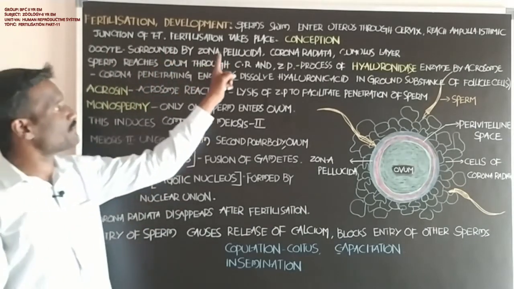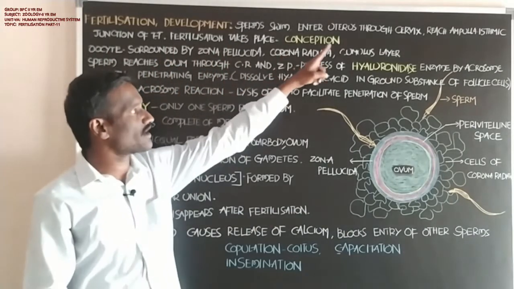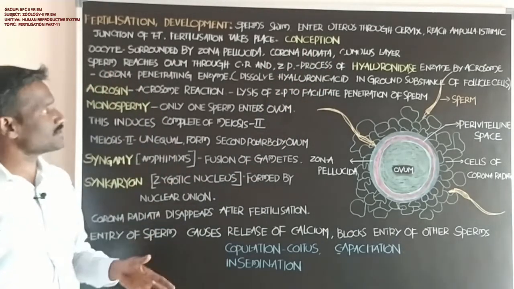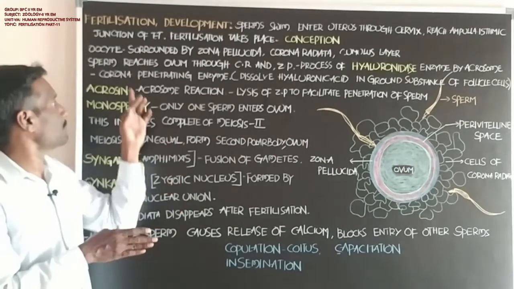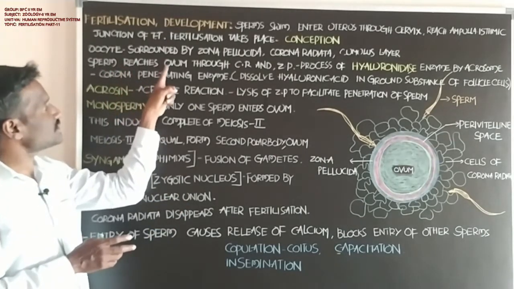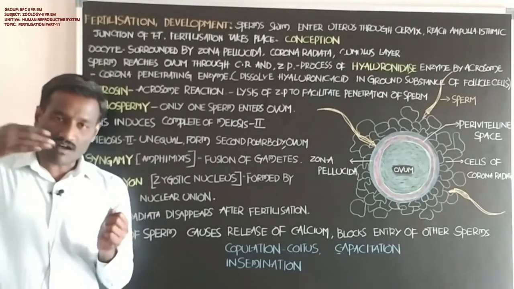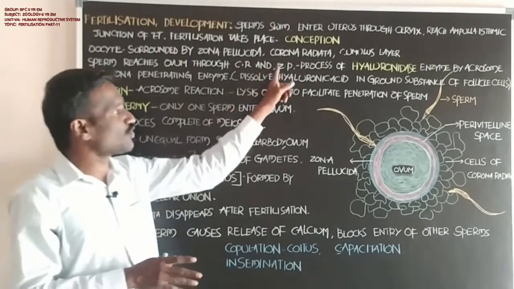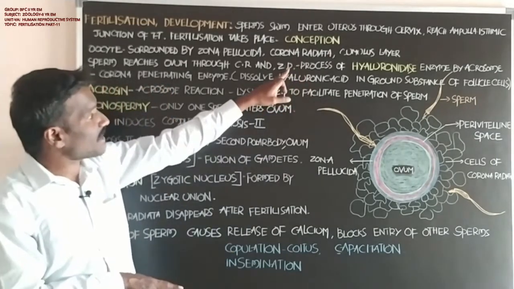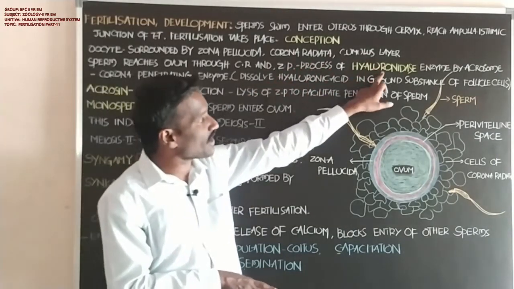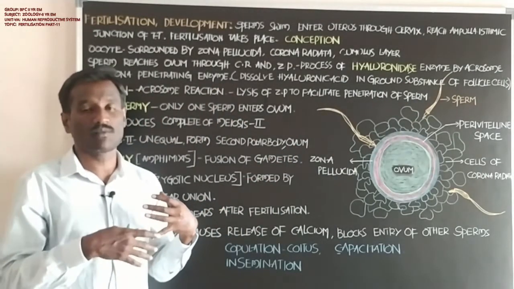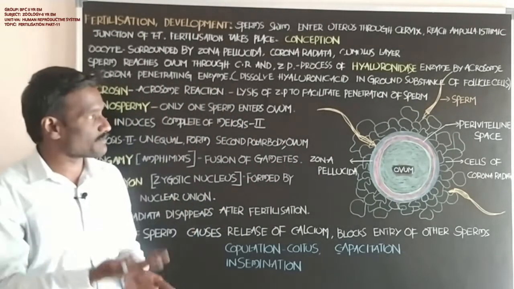The oocyte is surrounded by the zona pellucida, corona radiata, and cumulus layer. Okay, a single sperm reaches the ovum through the corona radiata and zona pellucida, with the help of the hyaluronidase enzyme released from the acrosome part of the sperm.